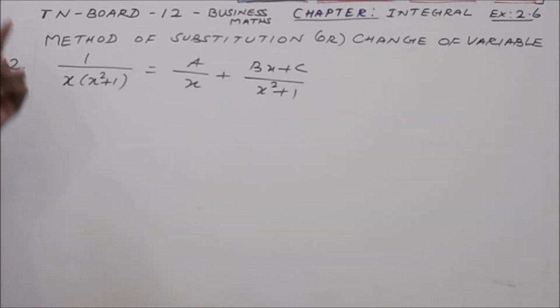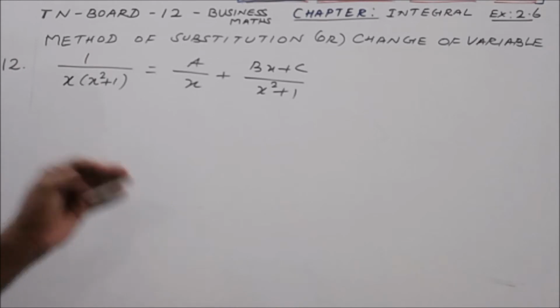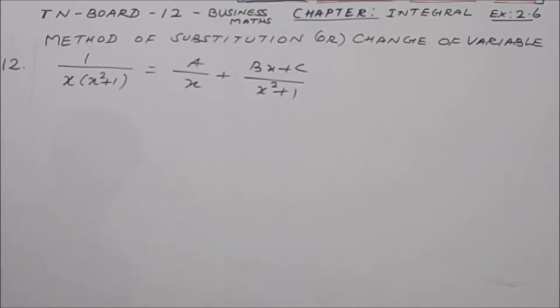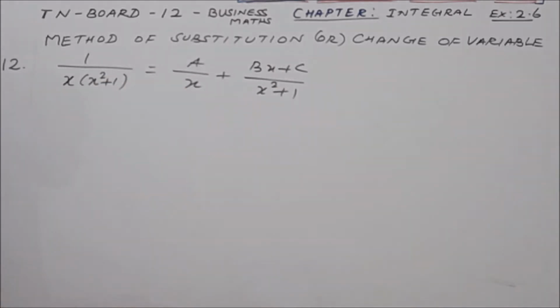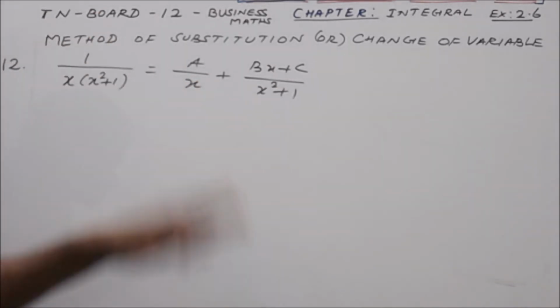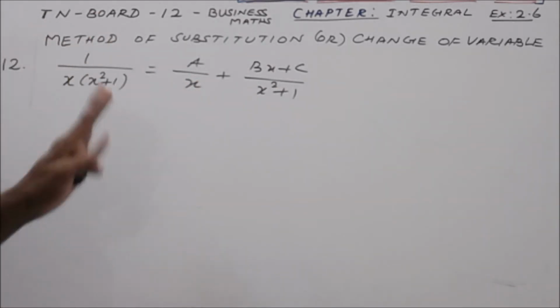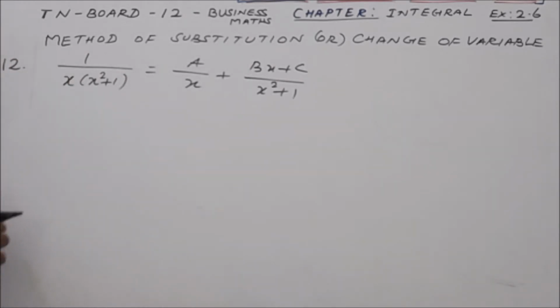You are all familiar with the method of splitting partial fractions from 11th standard. We had one exercise fully and a few more examples also in that. So go through that exercise when we get into these types of problems. It should be very clear, because if you make a mistake at the first step, it will be wrong. So keep it in mind, and do this very carefully.